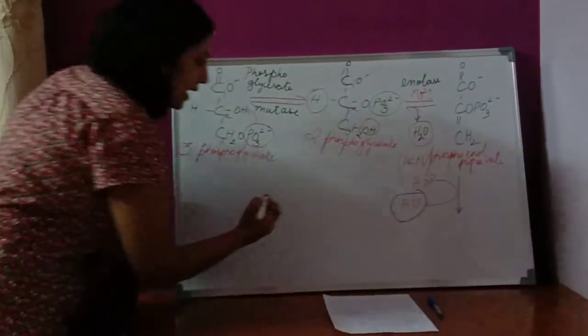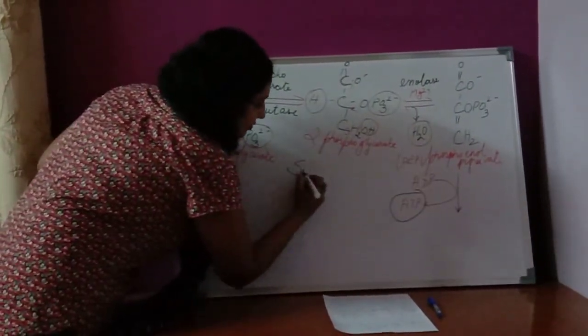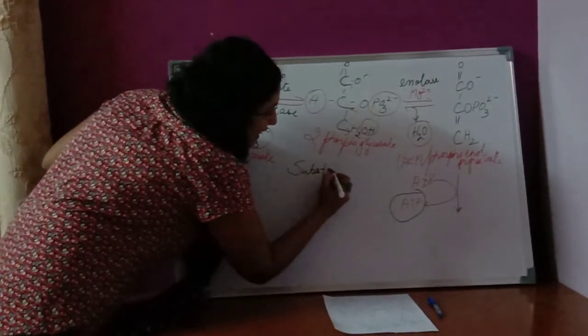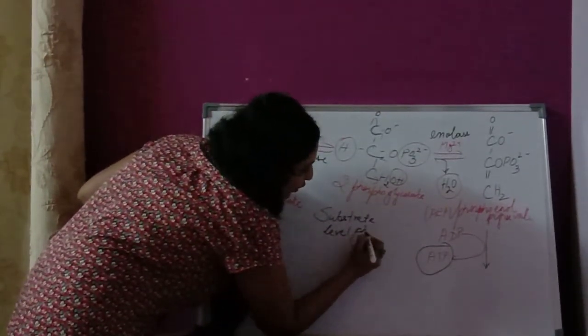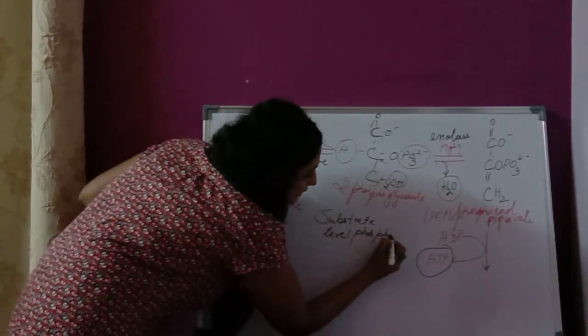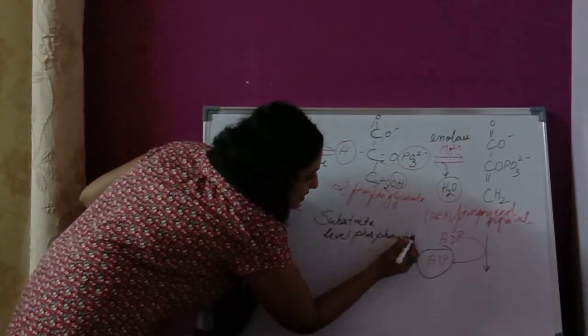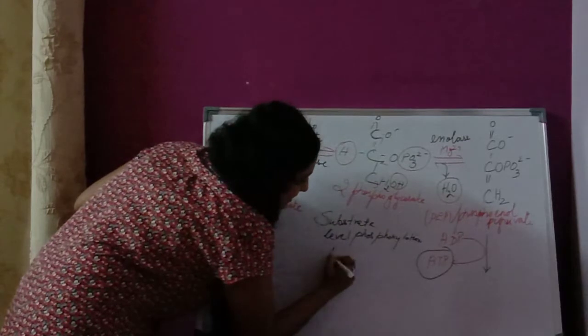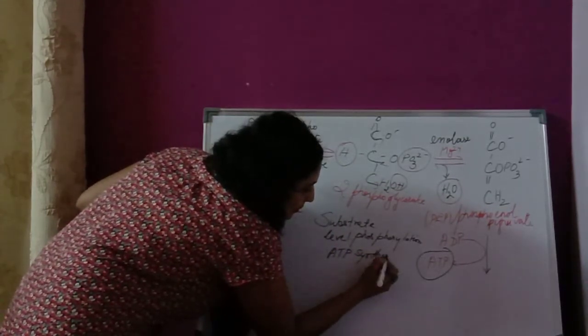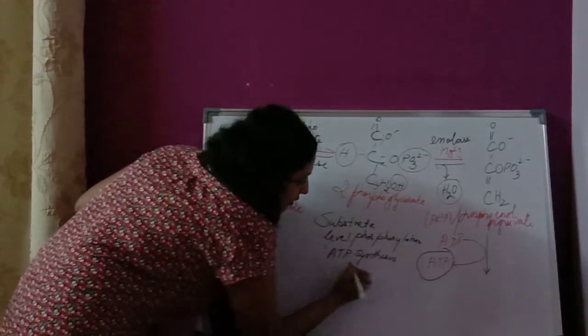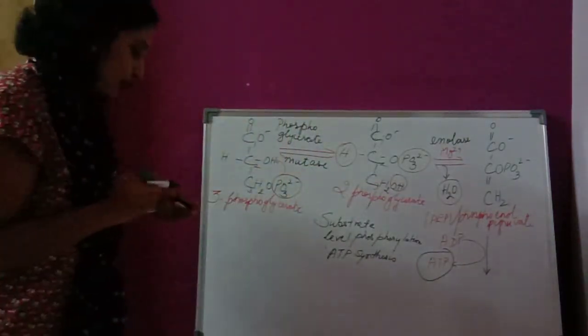So, this is a very major step known as substrate level phosphorylation. Substrate level phosphorylation resulting in ATP synthesis. Okay, here ATP is formed.